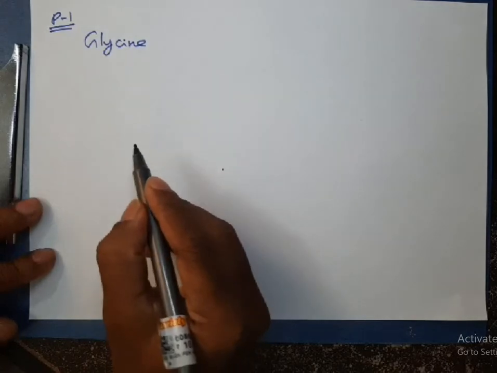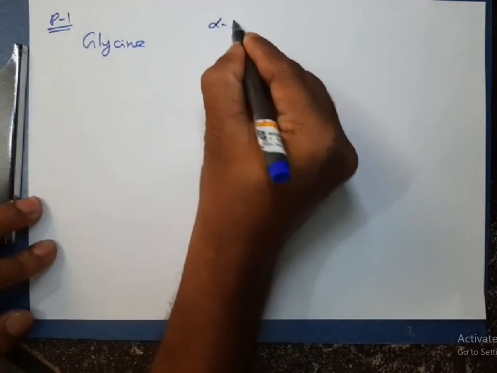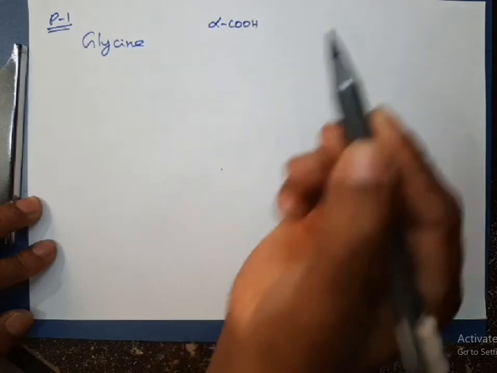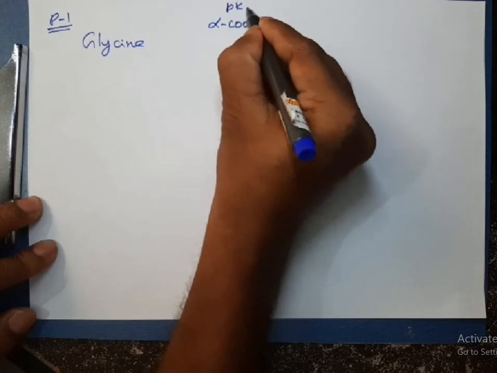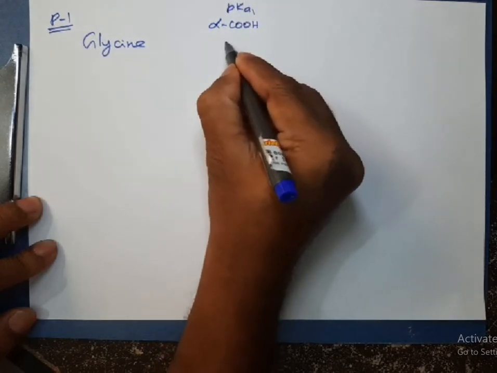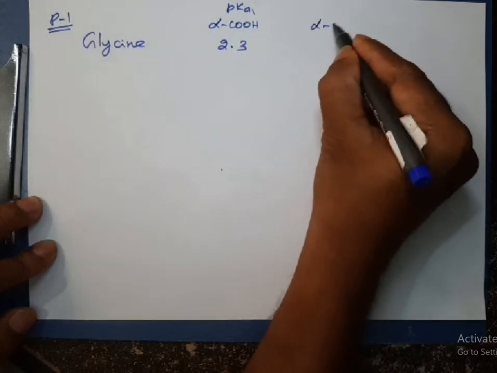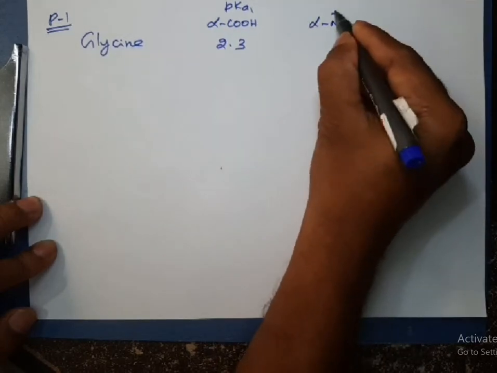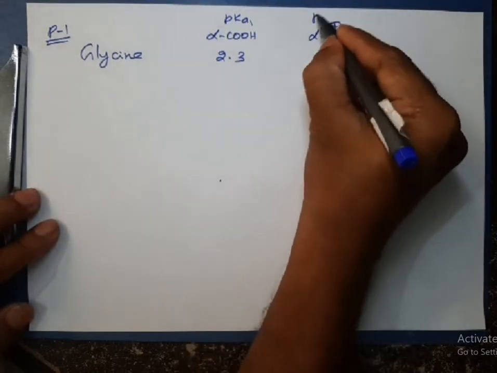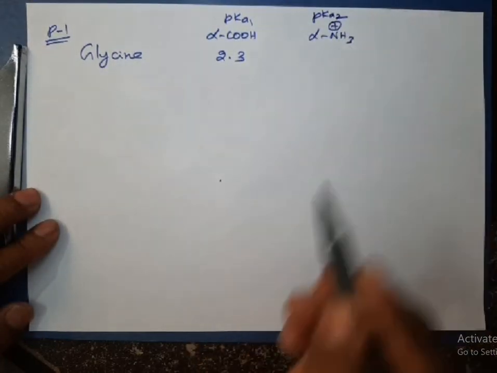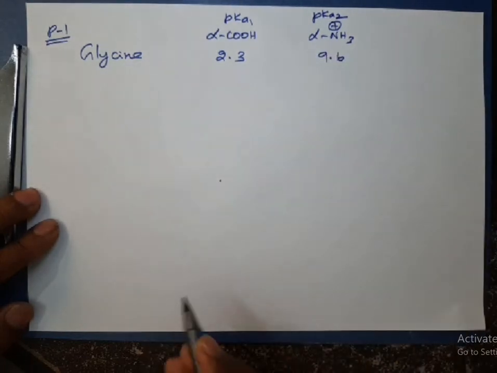Glycine. For glycine, the alpha carboxylic acid group, the pKa1 value, I'll give as 2.3. And the alpha amino group, which actually becomes the NH3 plus ion, let me represent this as pKa2. The pKa2 value is 9.6.